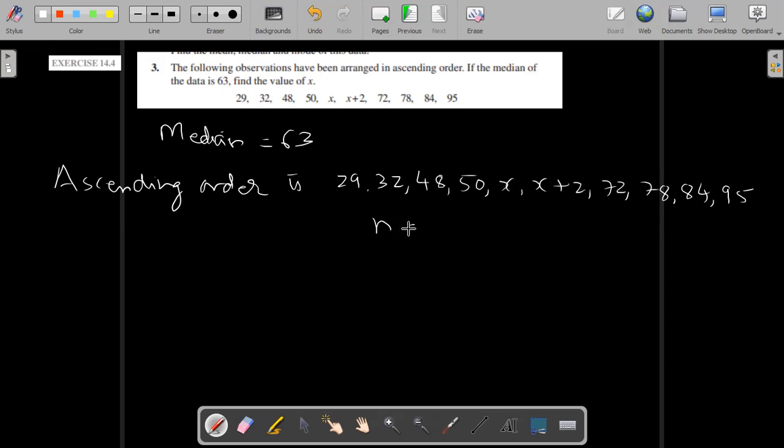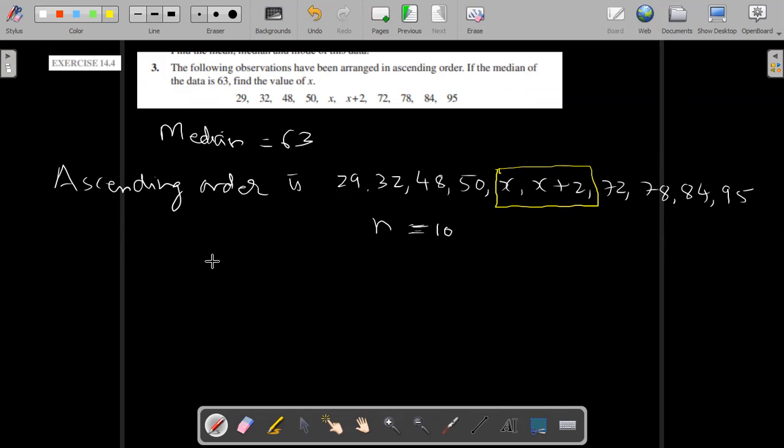So what is the number of observations? 1, 2, 3, 4, 5, 6, 7, 8, 9, 10. There are 10 observations. So you leave 4 on this side and 4 on this side, and the middlemost values are these two.